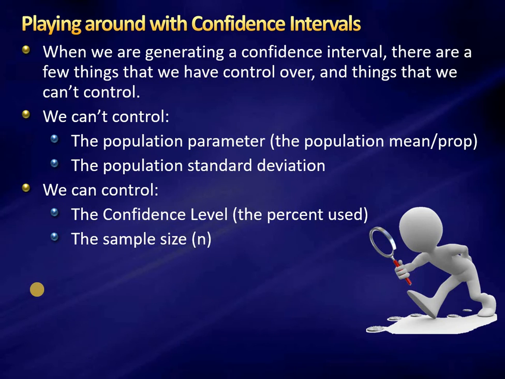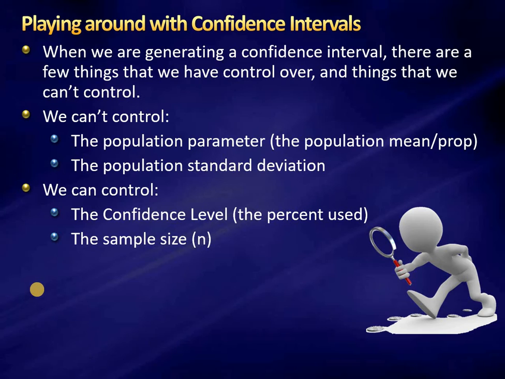I can control two things. The confidence level. Do I want to be 90%, 95, 100? How confident do I want to be? And I have control over my own sample size. Those are the only two things I can change. I can change n, and I can change confidence level. How does the confidence level show up in my formula? Z star.